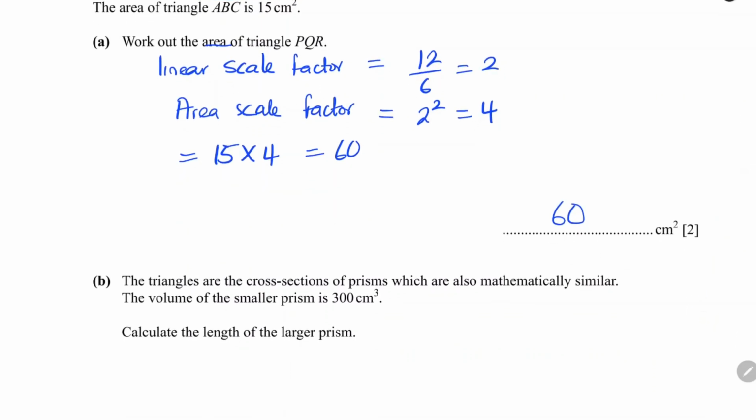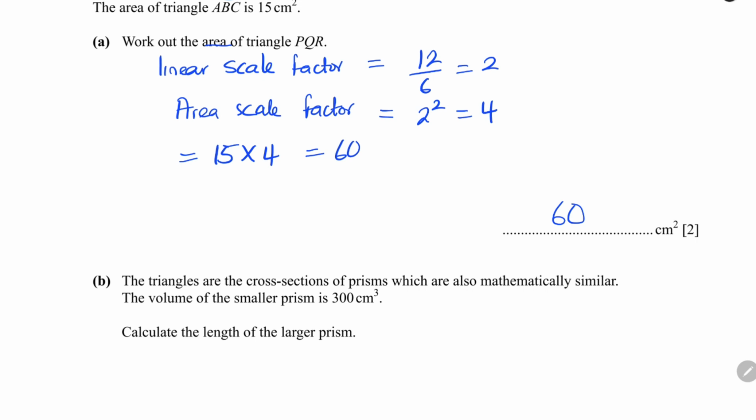We're told in the B part that the triangles are the cross-section of prisms, which are also mathematically similar. It makes sense. Prisms are shapes that have uniform cross-section. So if their cross-sections are similar, then most likely the prisms made by these cross-sections will be similar.